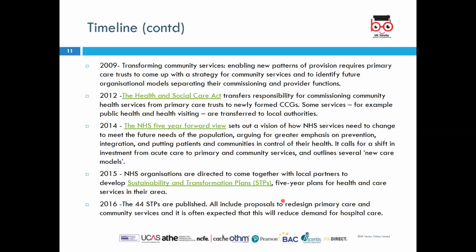So they're 5-year plans for health and care services in the area. 2016, 44 STPs that were decided here are published now. All include proposals to redesign primary care and community services, and it is often expected that this will reduce demand for hospital care.